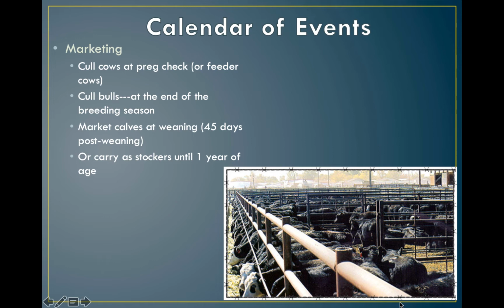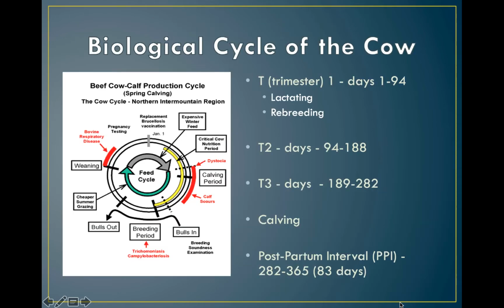Marketing is not just limited to the calves that you're going to sell after weaning, but also when you market your cull cows, when you market your cull bulls, the calves at weaning, and how many steers you are going to keep back, and how many heifers you are going to keep back, or whether you are going to carry them as stockers until they're about a year of age. These are all things that need to go into that calendar of events.